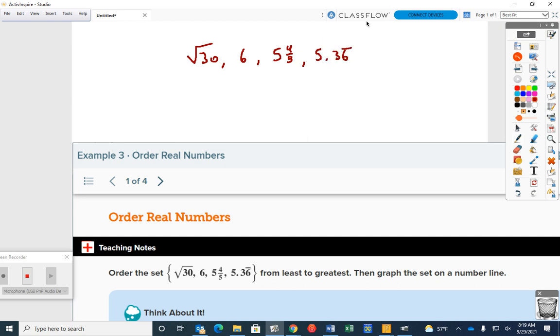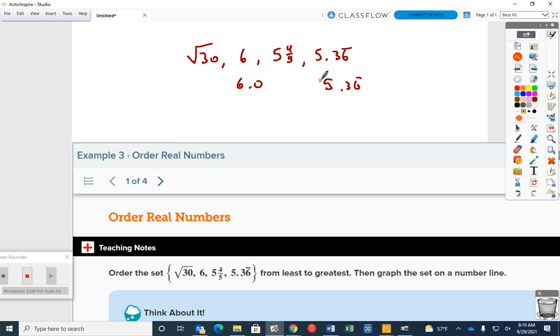5.36 repeating. Okay. So first thing, how can I get all these into the same format? I can make them all decimals, right? This one is good, 6.0. This one is already decimal, 5.36 repeating.